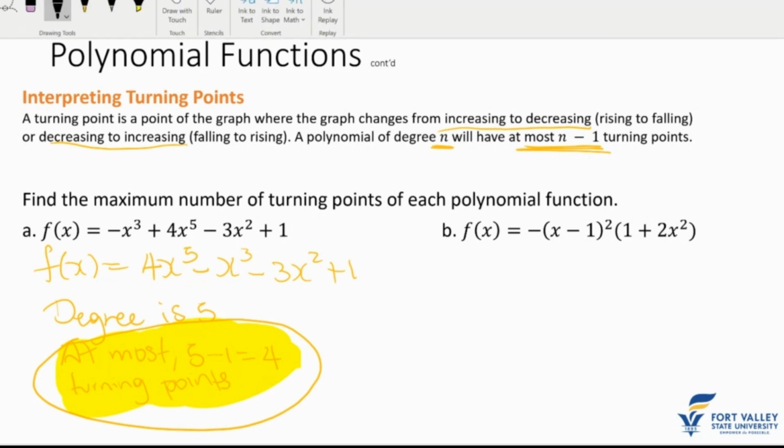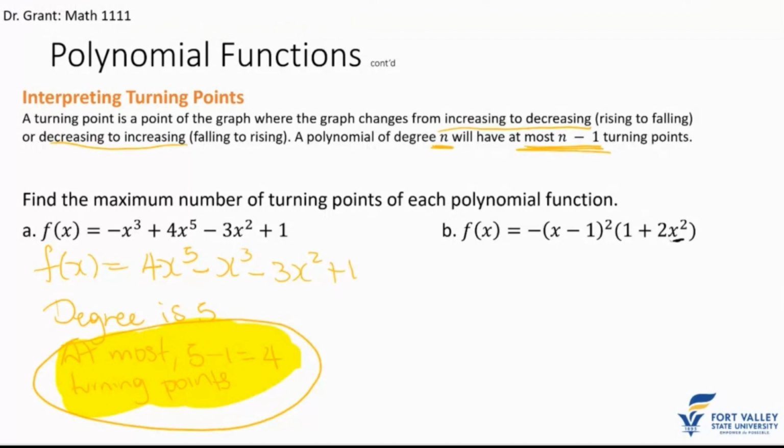Now, if we look at this one, we're given the factors, right? So we have to kind of just gauge it and think, if I were to multiply these, so if I were to multiply x squared, 2x squared, so here I have x squared, and then here this would be x squared too. So if I have x squared times x squared, that's going to give me x to the 4th power.